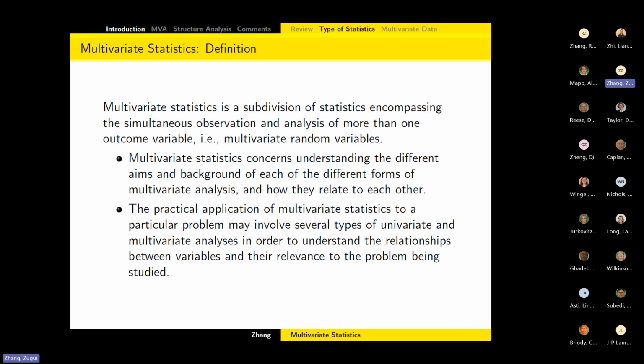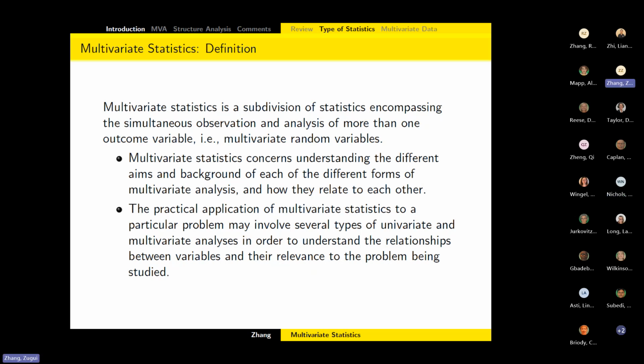two or more outcomes. So multivariate statistics is a subdivision of statistics encompassing the simultaneous observation and analysis of more than one outcome variable, which means multivariate statistics concerns understanding the different aims and the background of each of the different forms of multivariate analysis and how they're related to each other.